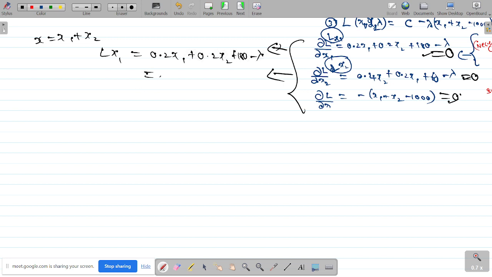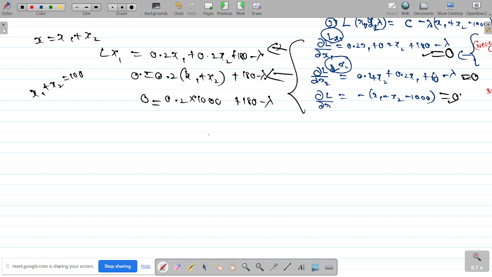So this can be taken as 0.2 times x1 plus x2, plus 180 minus lambda, and this is equal to 0. And I already know the constraint x1 plus x2 is equal to 1000. So 0.2 into 1000 plus 180 minus lambda is equal to 0. I find the lambda value to be 380.